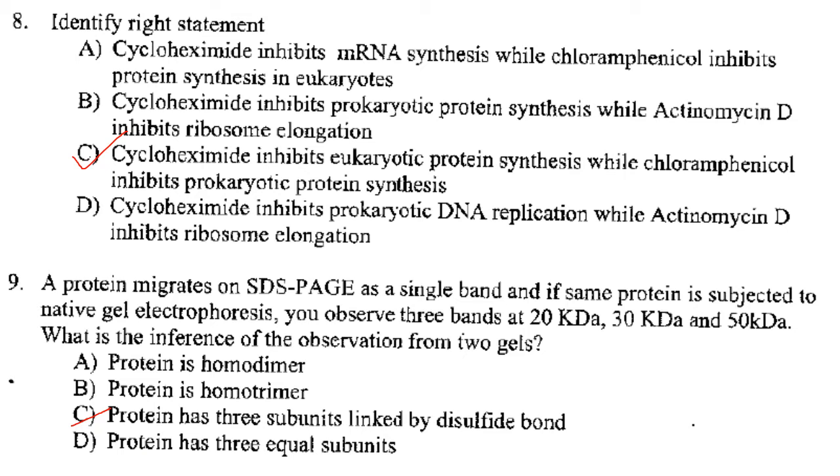Then the protein has 3 subunits linked by disulfide bond would have been correct. But I don't know, it may be my mistake also. So if you have any doubt, you can just write it in the comment section, or you have your opinion about this question, then you can comment it there.